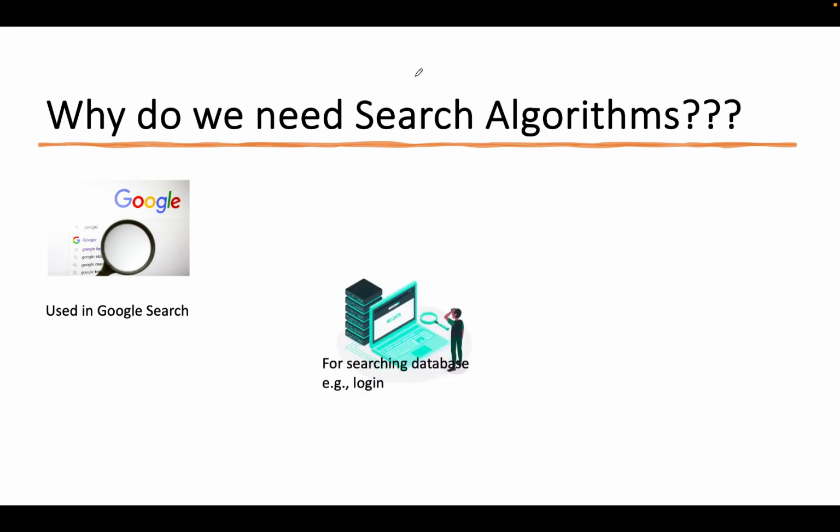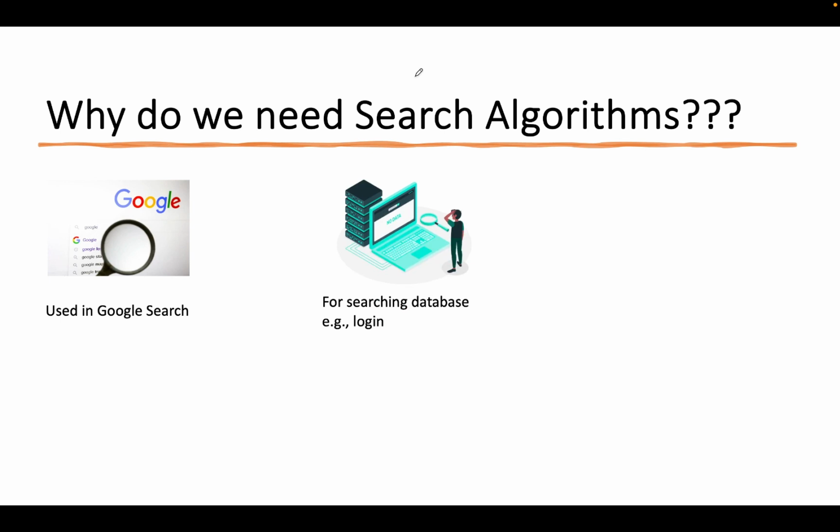Another one: search algorithms are used for searching databases, e.g. login. When you want to log into your account, say maybe a Roblox account, why is it that when you type in your username and password, it takes you to your own account? That means there is a database, or let's assume a list of users somewhere.